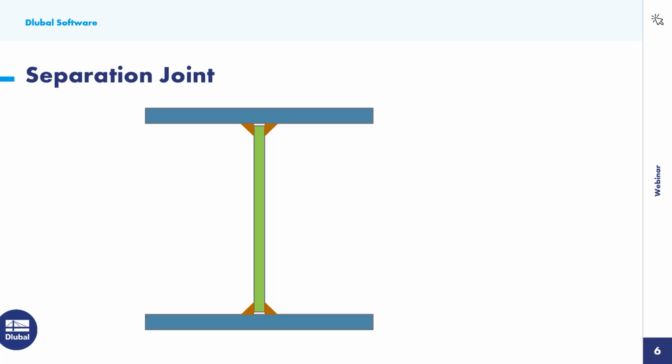Therefore, separation joints must be applied at both the beginning and end of the web, in other words, at its connections to the flanges. If, on the other hand, the two right-hand flanges were to be welded to an existing new section, the separation joints would need to be defined on the flanges, as they would then be the welded parts. The separation joint is defined directly within the corresponding element.